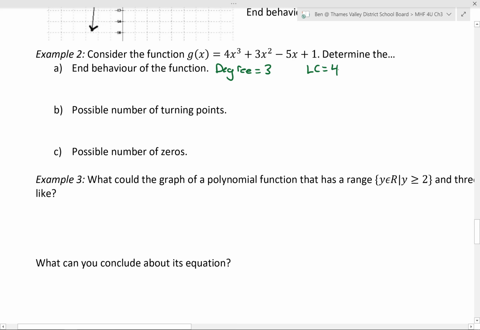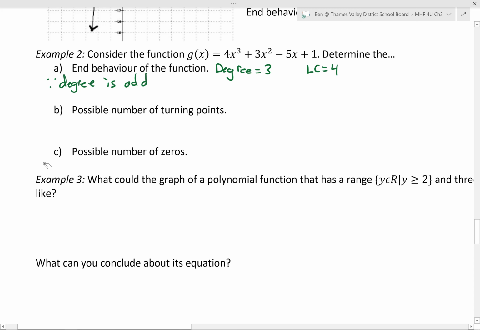Okay, so the end behaviors of the function. Well, if our degree is 3, then our end behaviors must be going in opposite directions. Right? So since our degree is odd, now if you haven't seen it before, the upside down therefore sign, that's 3 dots here, that's what it looks like. It means since.